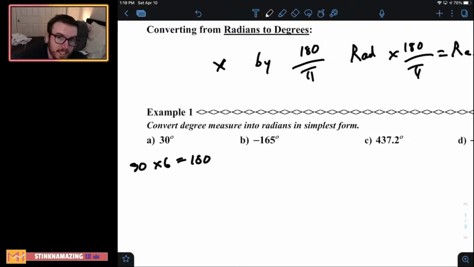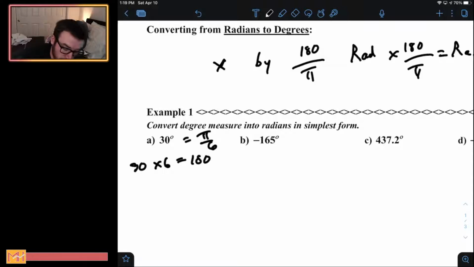It's 1/6 of 180. In other words, 30 degrees is equal to pi over 6, because pi is equivalent to 180. They're the same idea. So if 30 degrees is a sixth of 180, well then it's also a sixth of pi.